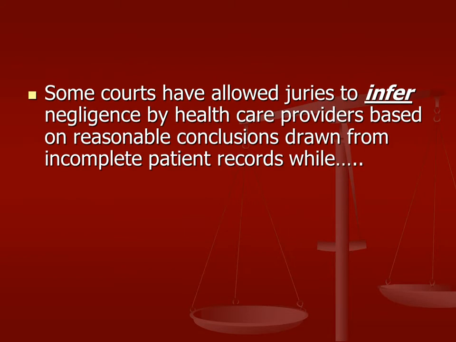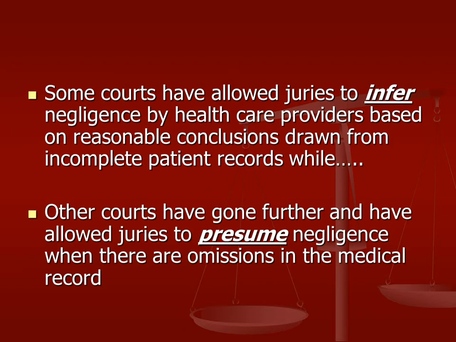Your textbook points out that some courts allow juries to infer negligence by healthcare providers based on reasonable conclusions drawn from an incomplete patient record, while other courts have gone further and have instructed juries to presume there is negligence when there are omissions in the medical record. And so what is the difference in these two terms? Sometimes the court has told the juries, you can assume that there was negligence.